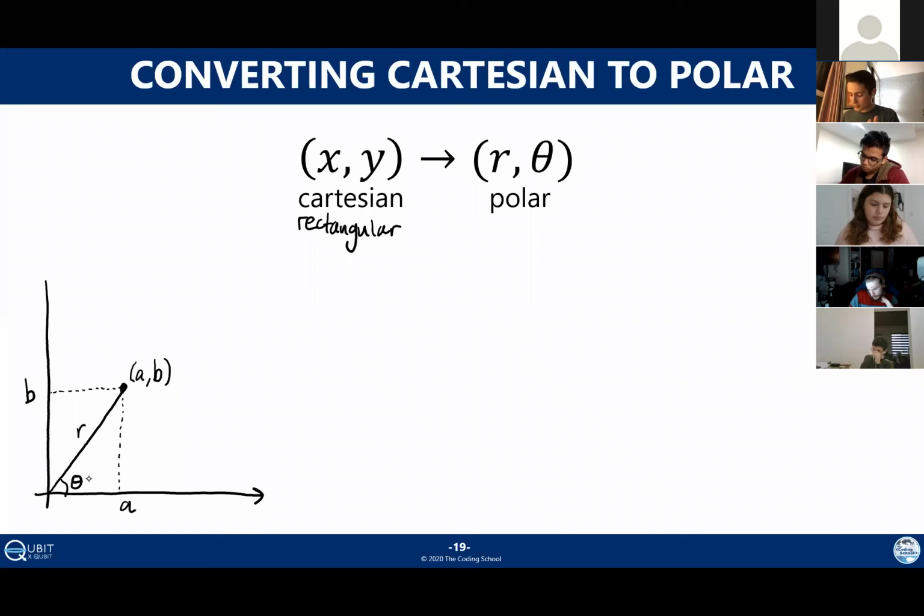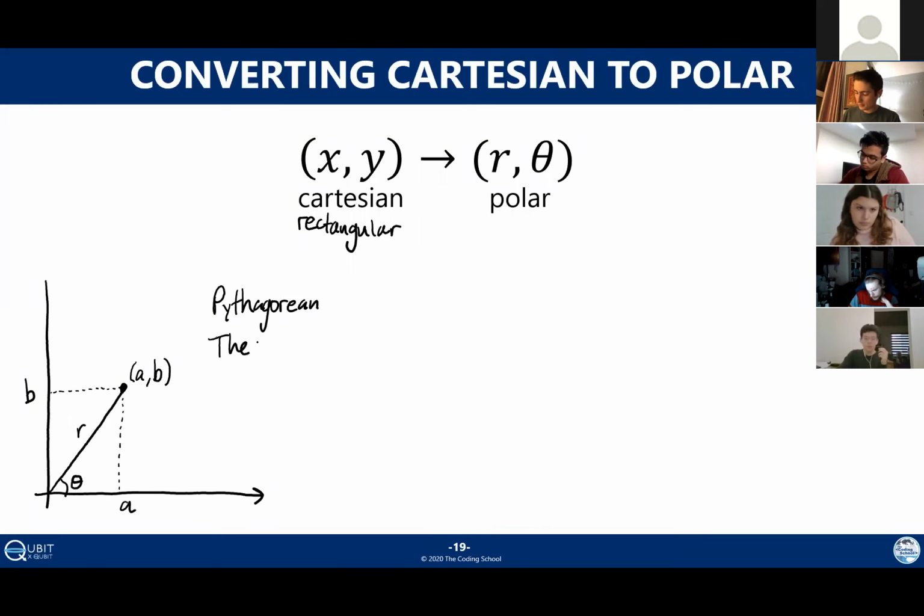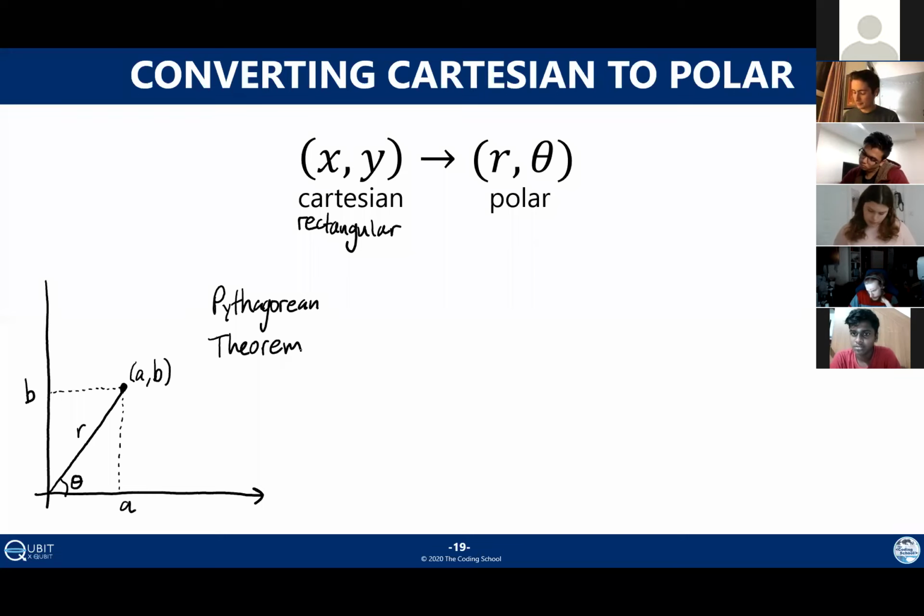Now, let's first try and figure out how we do r. You might recall from high school math something called the Pythagorean theorem. It applies to right triangles, and we just happen to have drawn a right triangle here, if I add in a little right angle there.